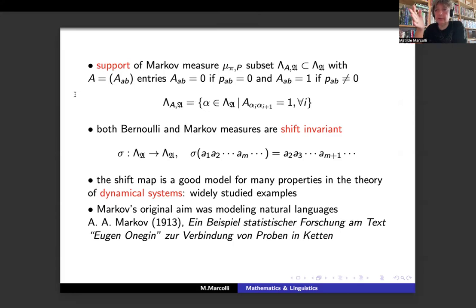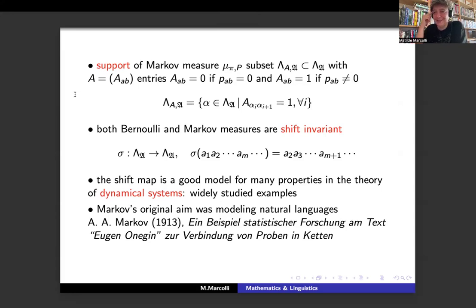They are shift invariant. If you have a sequence and you shift it, the probability is invariant. And this shift on infinite sequences in a given alphabet is a very well-known model for a lot of interesting dynamical systems, the sort of symbolic dynamics modeling of various dynamical systems.